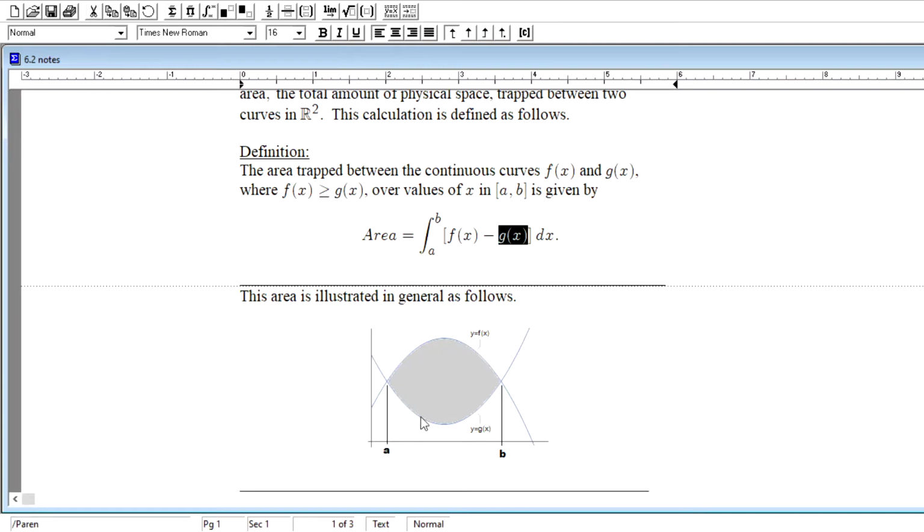We take the area between f of x and the x-axis and subtract from it the area trapped between g of x and the x-axis. And what that leaves behind is this physical area seen here in the shaded region.